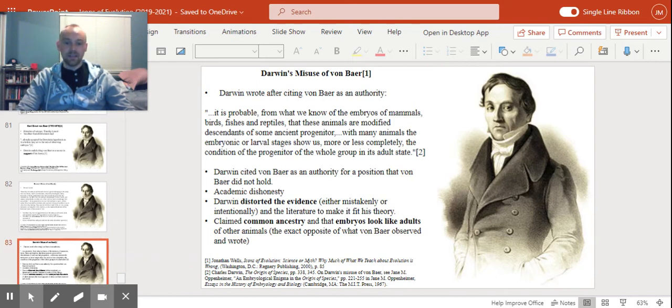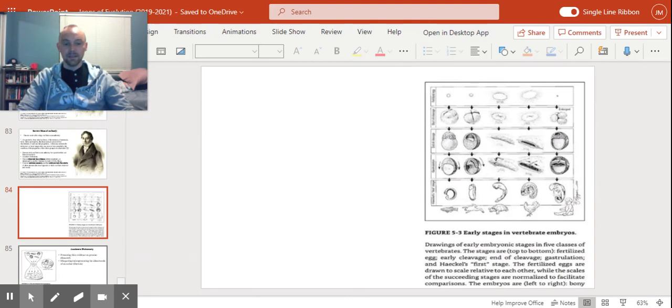It's an example of academic dishonesty. Darwin also distorted the evidence, either mistakenly or intentionally, and the literature to make it fit his theory. He also claimed common ancestry, and that embryos look like adults of other animals, the exact opposite of what von Baer observed in the natural world and what he wrote in his books about his scientific discoveries.